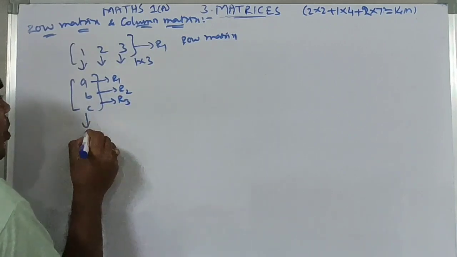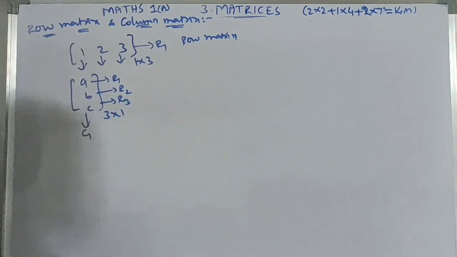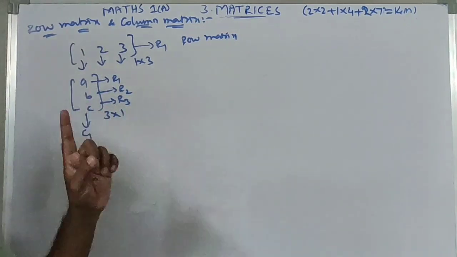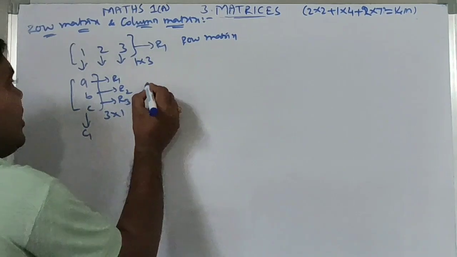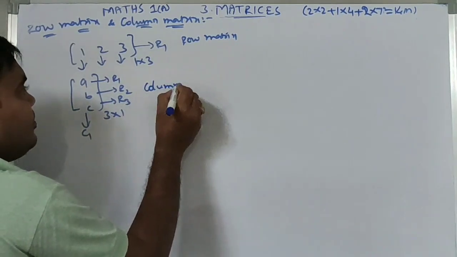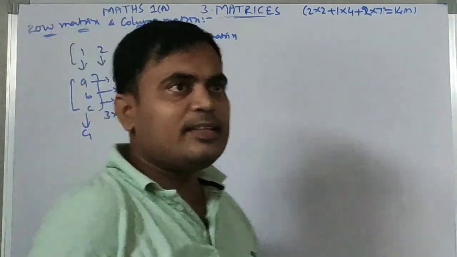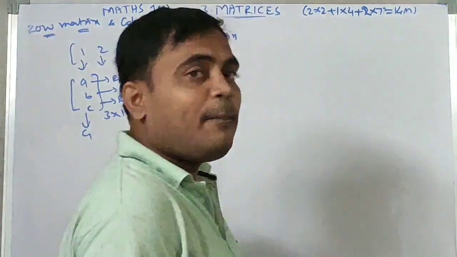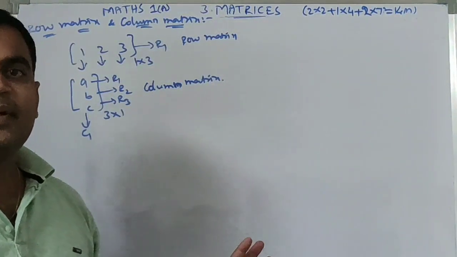How many columns? Only one column. So 3 rows and one column. This matrix containing exactly one column is called a column matrix. So this is a row matrix, this is a column matrix.